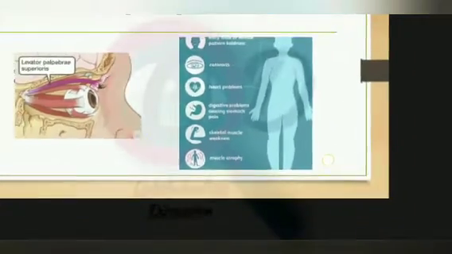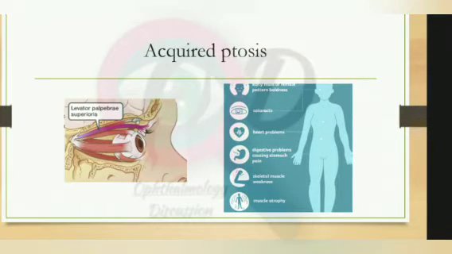With the eyes, it will cause diplopia, blurring of vision, ptosis, shortness of breath, and difficulty in swallowing. So these are the things experienced with myasthenia gravis.